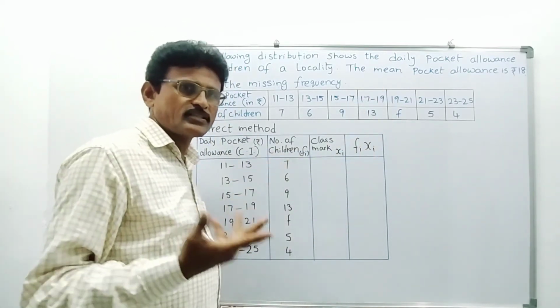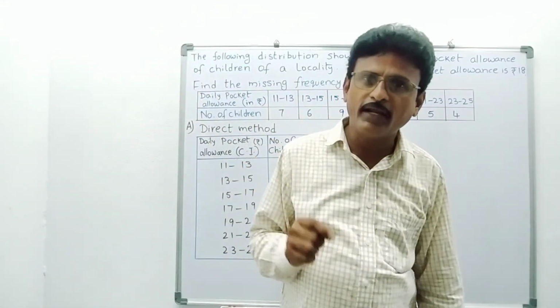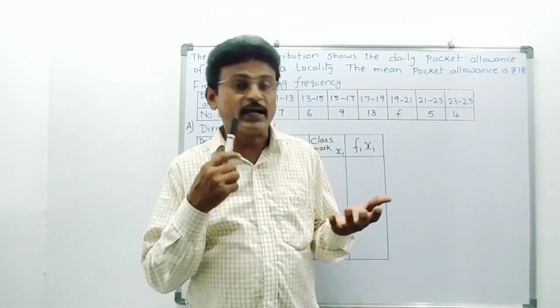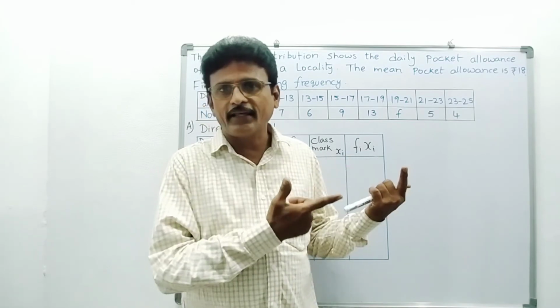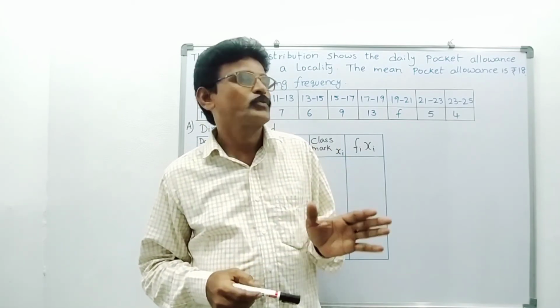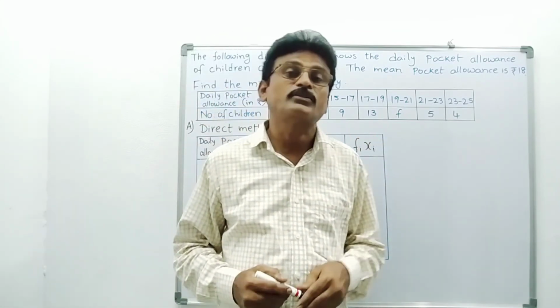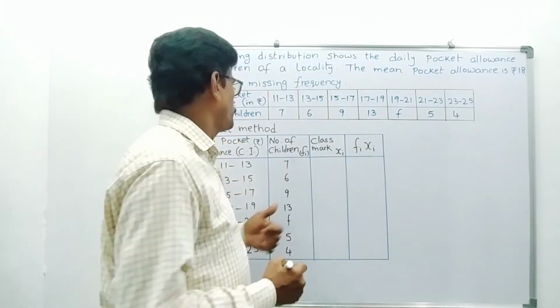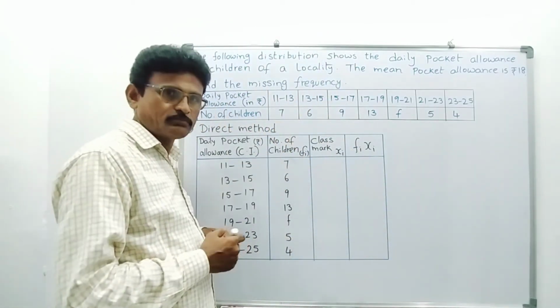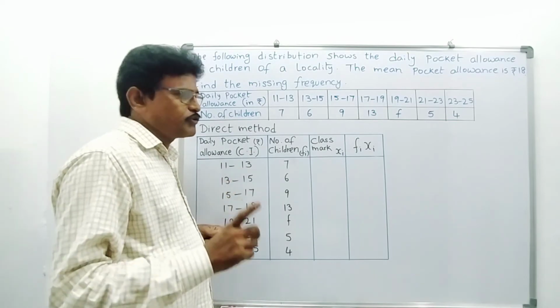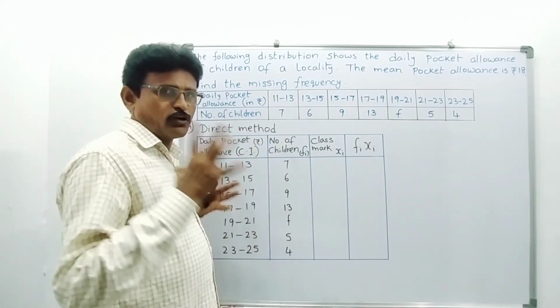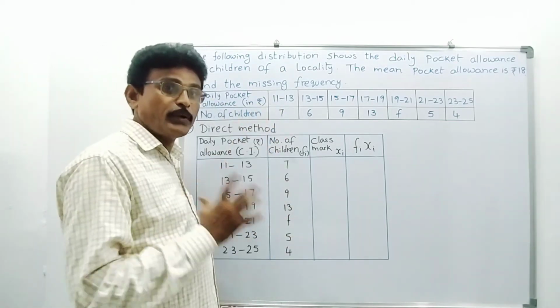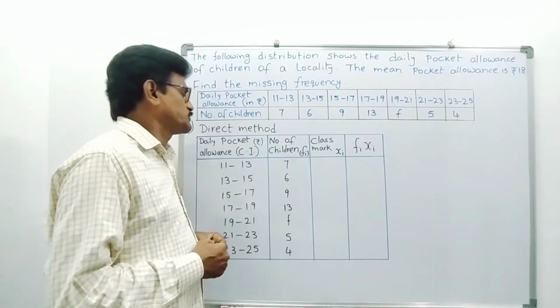This one also we can solve in 3 methods. To find the mean, 3 methods are there. I told you already the direct method is very simple for all students to follow, that's why I am doing this problem in the direct method. Students, all of you follow this problem, you can get a full idea of how to find the mean.